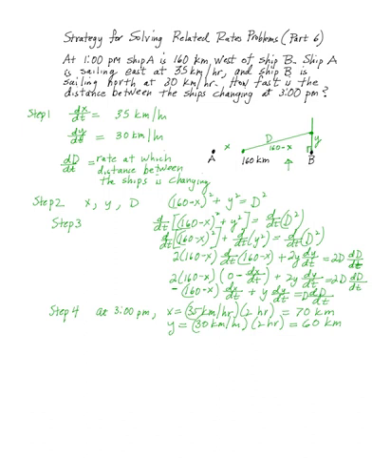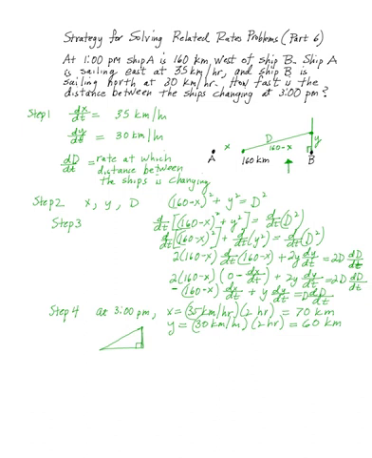Now to find D, let's look back at our original picture. I can use the Pythagorean Theorem. I've just copied my right triangle from my picture at the beginning of the problem.